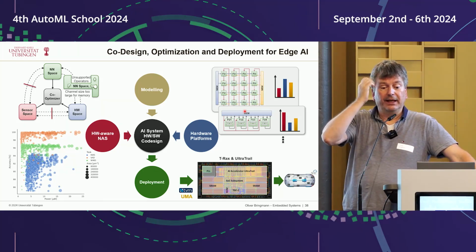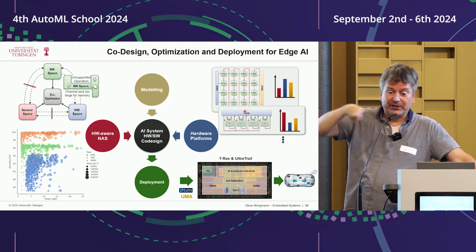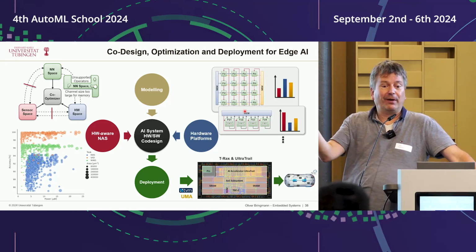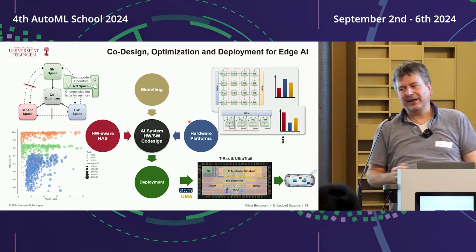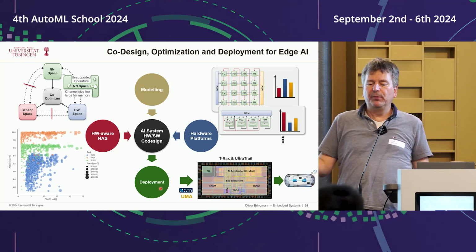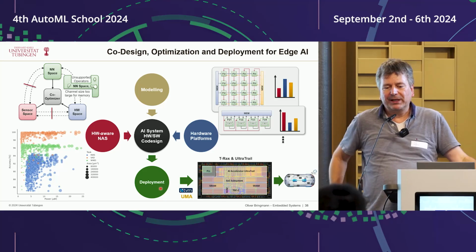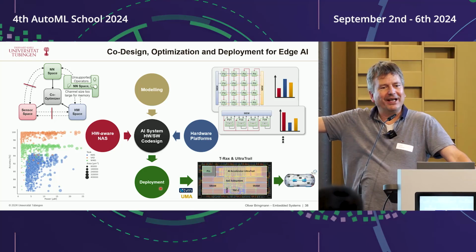And at the end, of course, you have to do it, but to do it in a neural architecture search loop, it's probably good to have a very efficient performance model that's doing the job. And then, if I found a good solution, then I need to deploy. And a hardware architecture without deployment capabilities is useless. You need a tool flow to deploy your neural network down to the hardware.